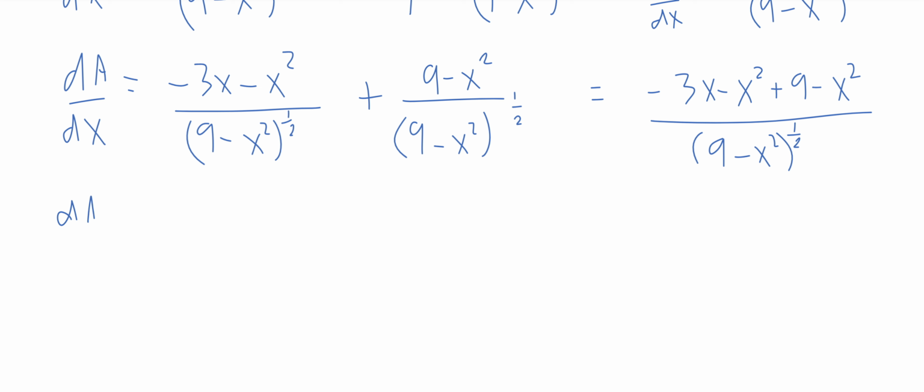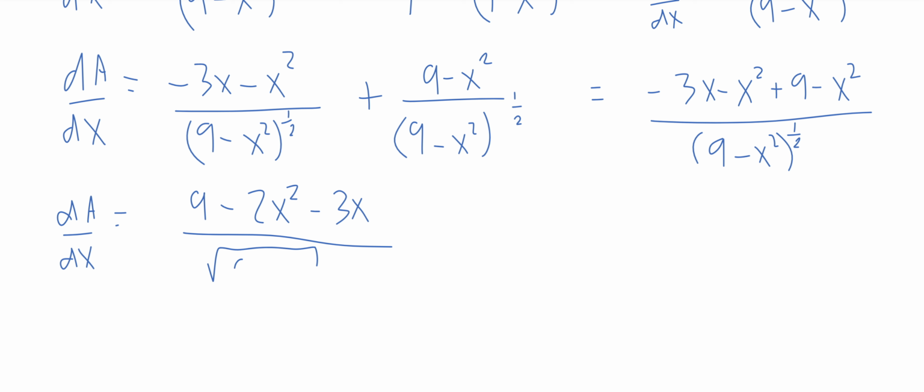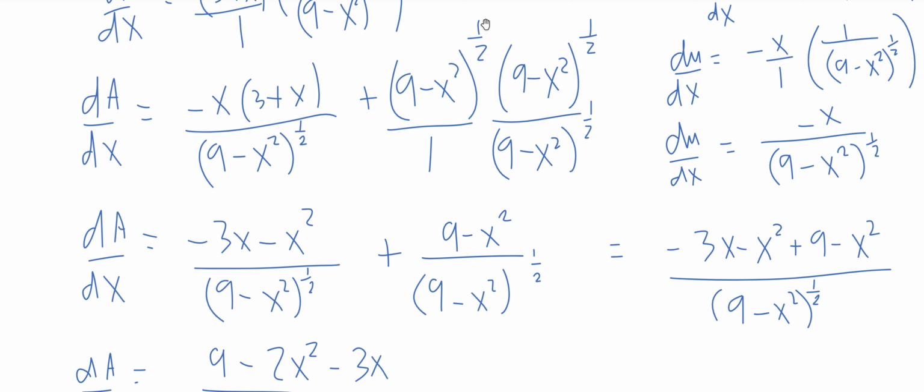So dA by dx equals 9 minus x squared is minus 2x squared minus 3x all over 9 minus x squared to the half, which I'll just rewrite as the square root of 9 minus x squared. And that's the form that they wanted you to have it in.